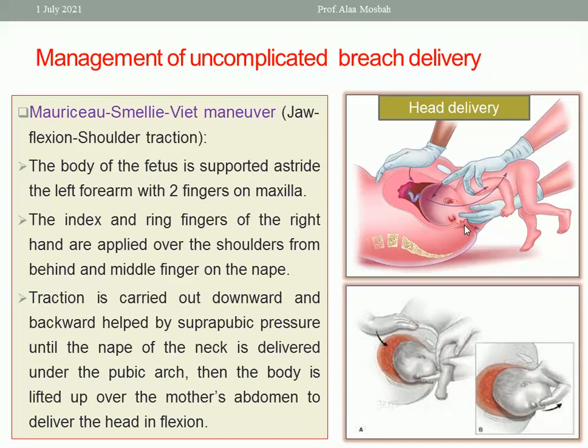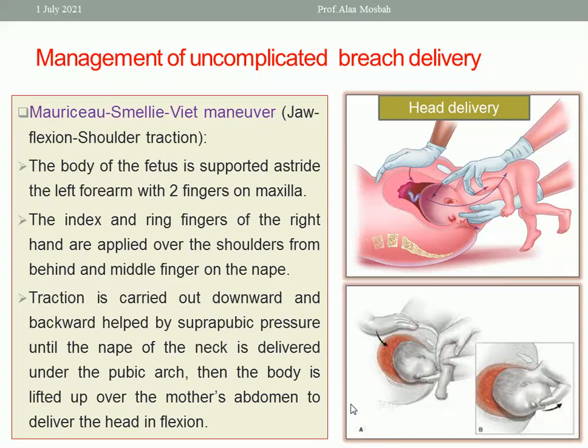Then the 2 fingers on the shoulders will do traction. That's why we call it jaw flexion, because the left hand, with 2 fingers, 1 on each maxilla, stimulates the flexion of the head, while the other hand does shoulder traction. That's why we call it jaw flexion, shoulder traction.